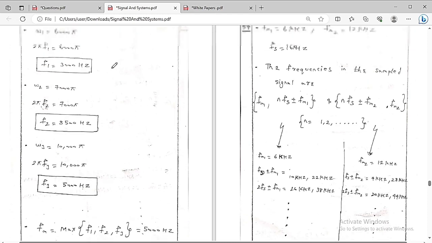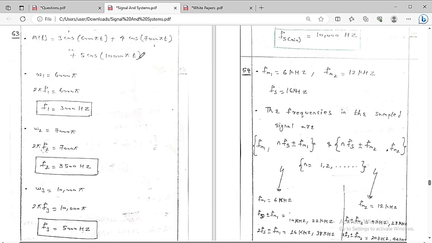See, whenever you are going to add the signals, then what is the maximum frequency? I've already told you, if you are in the time domain and the frequency domain, whenever you add or subtract in the time domain, the same thing is going to happen in the frequency domain also.